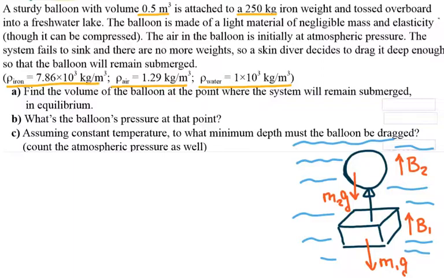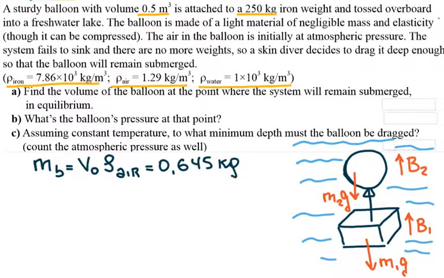At first I'm going to calculate the mass of the balloon. So the mass of the balloon is going to be equal to the volume of the balloon times the density of the air, and I get 0.645 kilogram. So the weight of the balloon itself is 6.45 newtons.